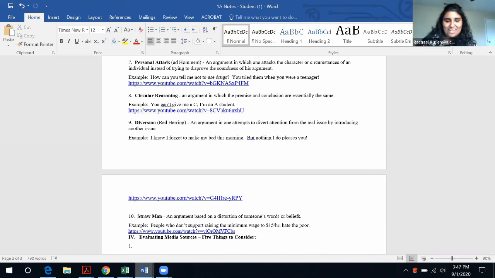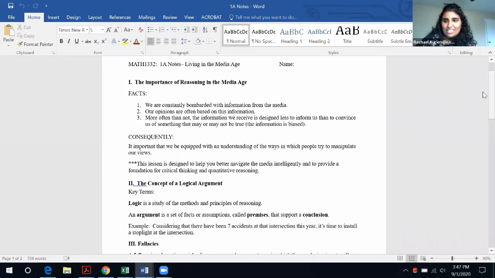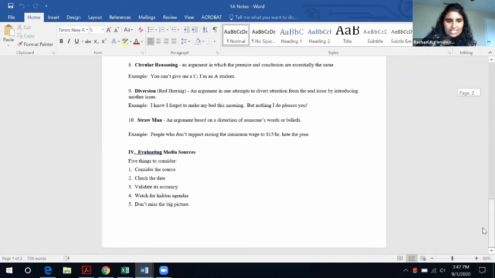Okay, so the very last piece. You want to consider the source, check the date. It's very important that you check the date of whatever you're reading, whether it be an article, something in the paper, the news, or whatever you're watching.